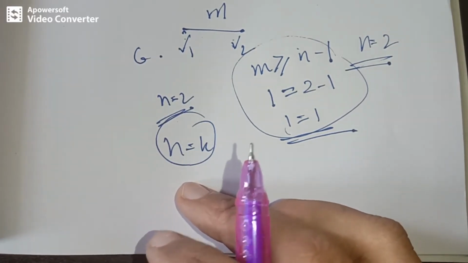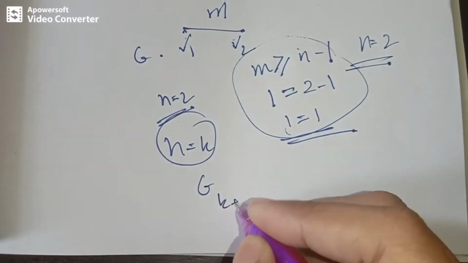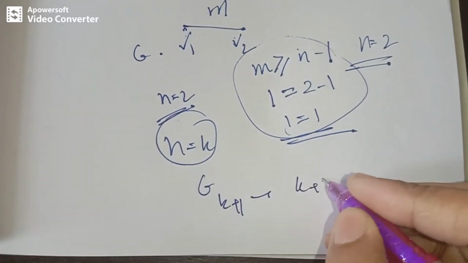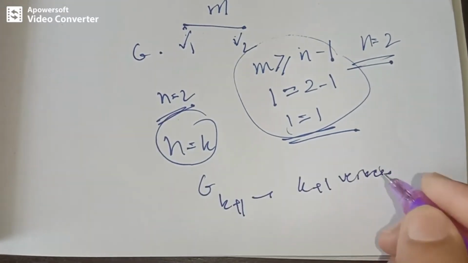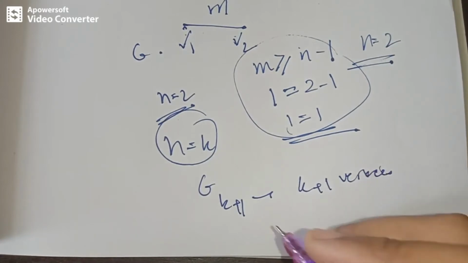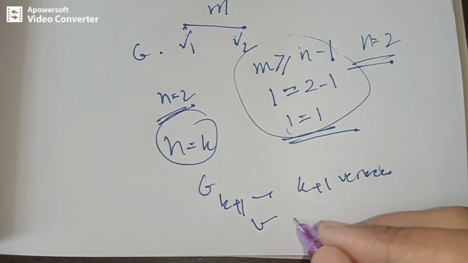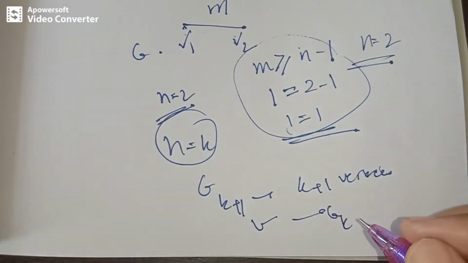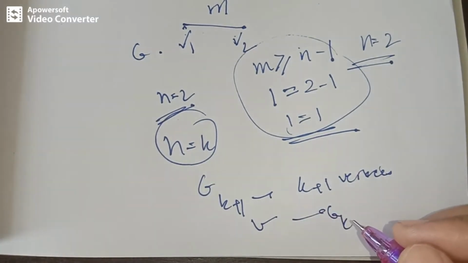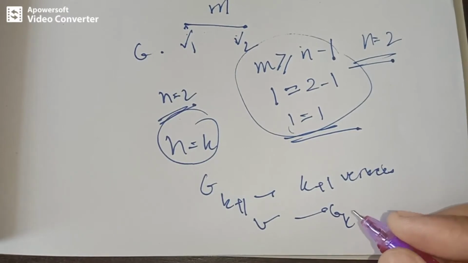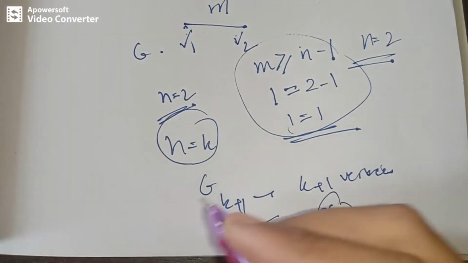So let G k plus 1 be the graph with k plus 1 vertices. Now choose a vertex v of the graph and consider the graph Gk obtained by deleting an edge from G k plus 1. So how do we get graph Gk from G k plus 1?